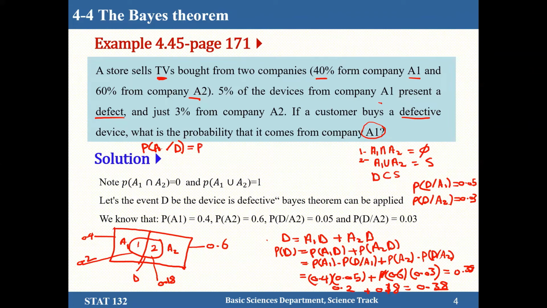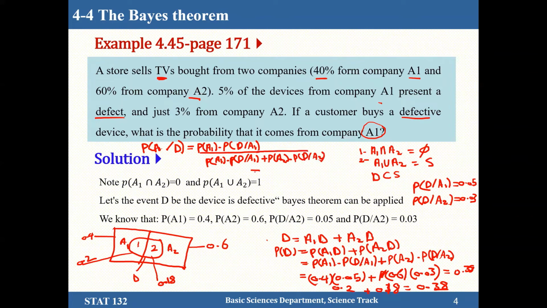The formula is P of A1 multiplied by D given A1, over P of A1 multiplied by P of D given A1 plus P of A2 multiplied by P of D given A2.